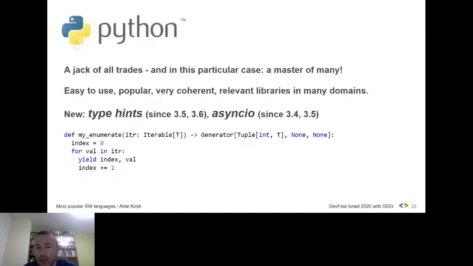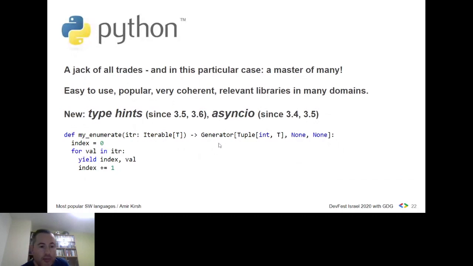It has many relevant libraries in many domains, and it added relevant things in the past few years, like type hints. It's today still a dynamically typed language, but you can say, and you should say, what are the types that you want to get as a parameter, and what is the type that you return.